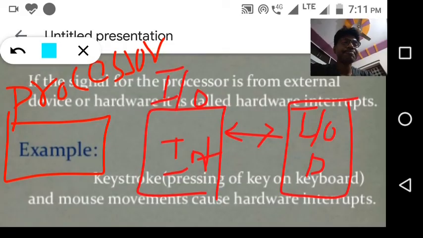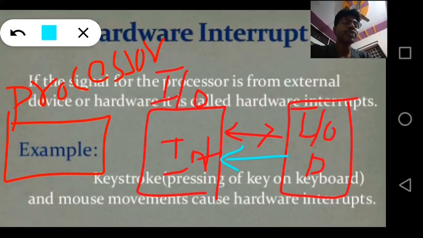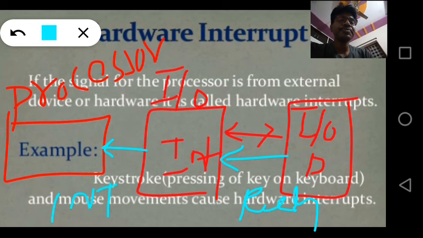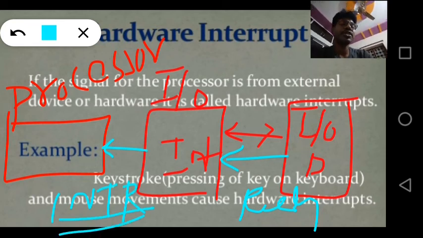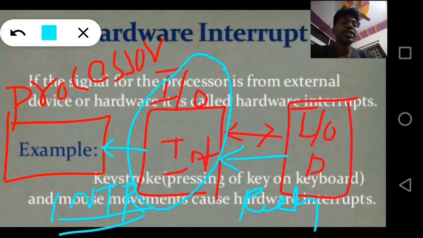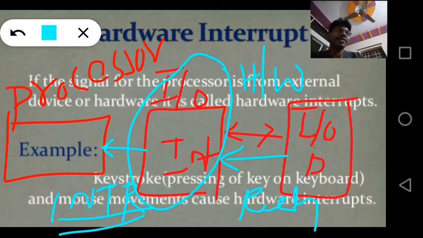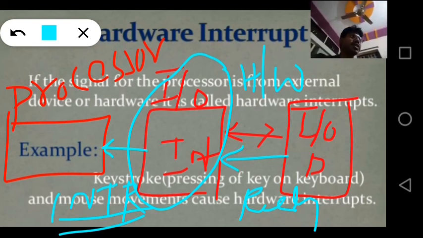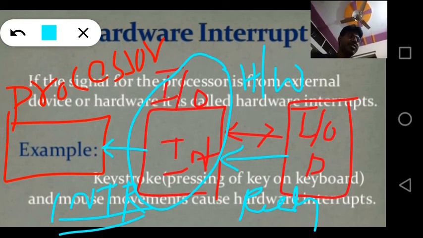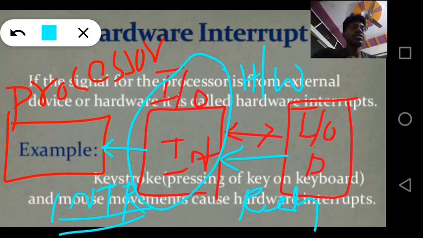So when the IO device sends a ready signal to the IO interface, it generates an interrupt signal, that is called INTR. This is called a hardware interrupt. Why? Because here hardware is generating an interrupt.